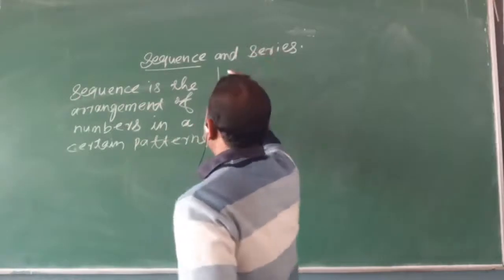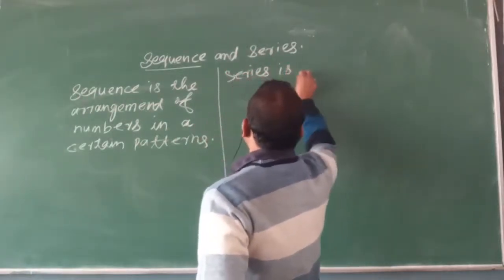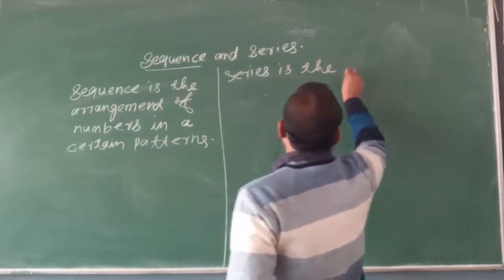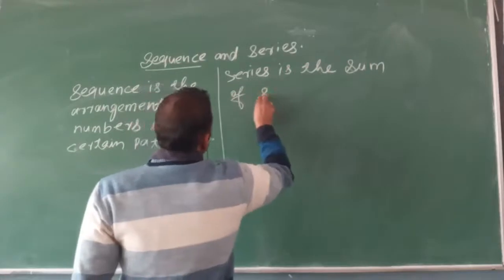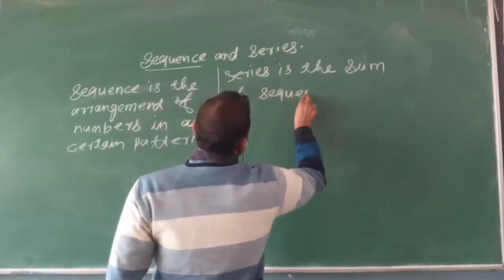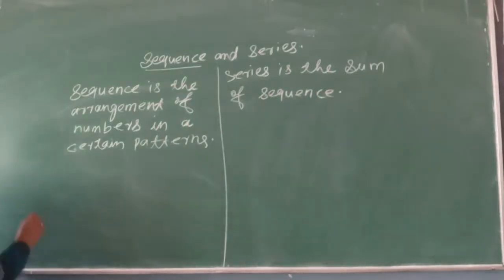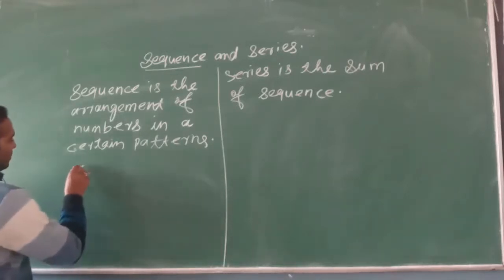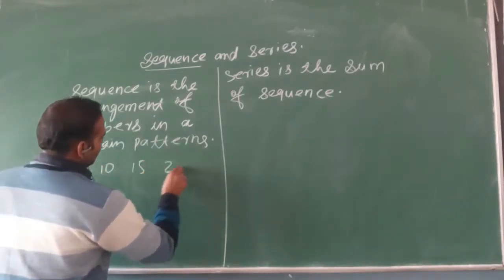While series is the sum of a sequence. As an example, there may be arithmetic sequence, geometric sequence, but I am going to give an example of an arithmetic sequence like 5, 10, 15, 20.